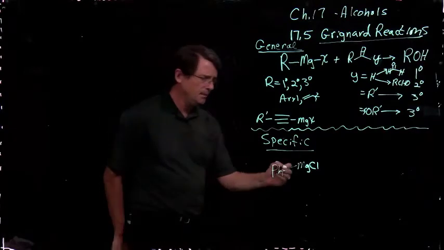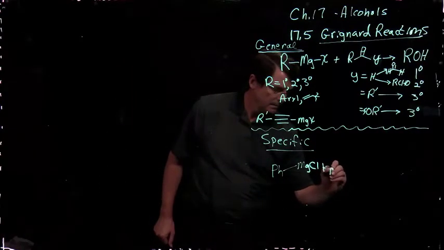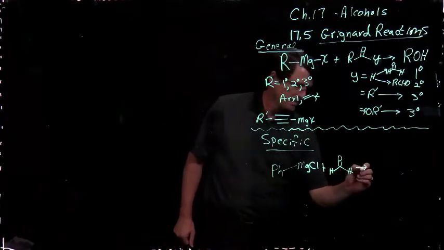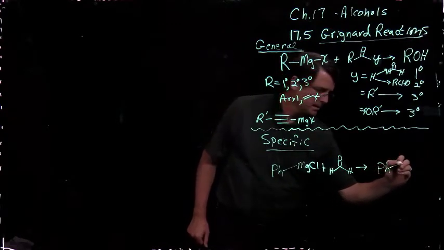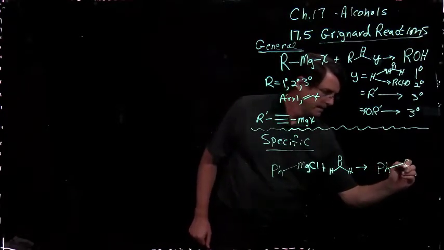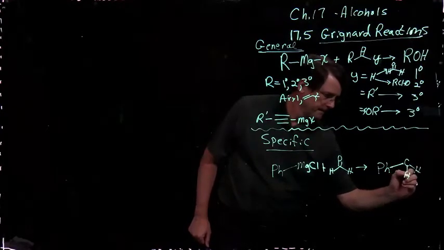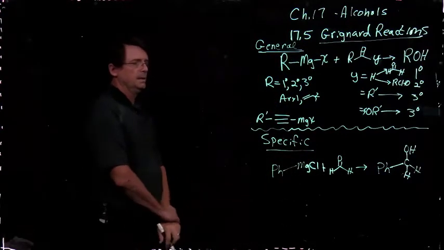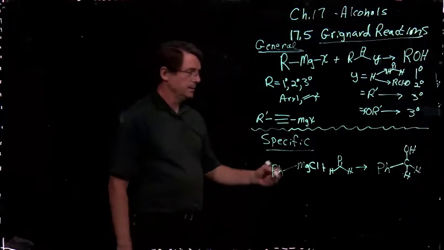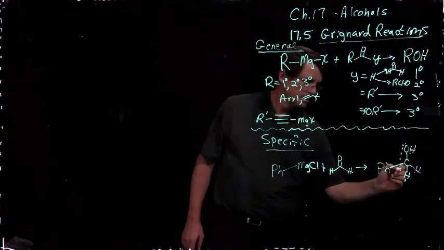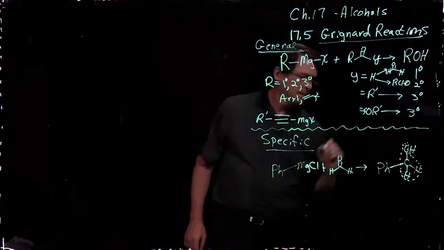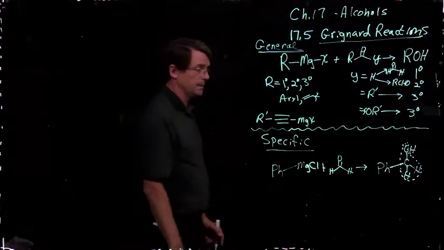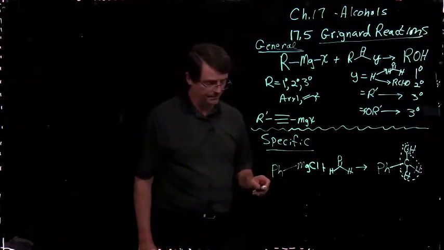Now, if we react this with formaldehyde, we make a carbon-carbon bond, and we've made a primary alcohol. And you can see here the formaldehyde. And so only with formaldehyde can we produce a primary alcohol.